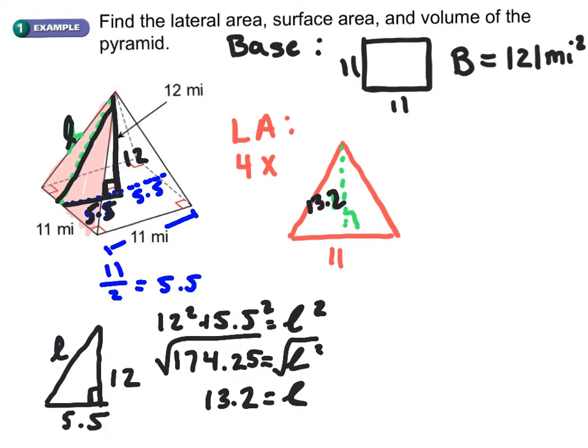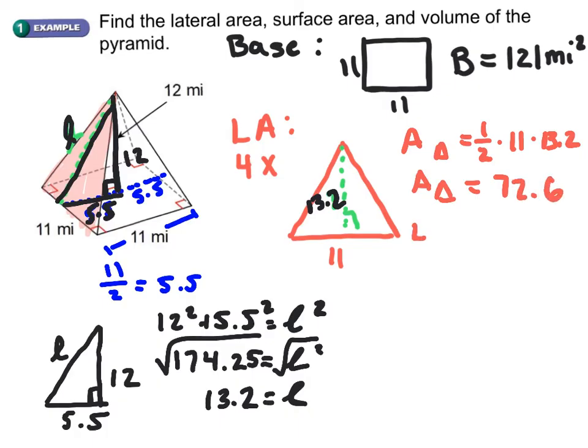So if I want to find the area of one of the triangles, it's 1/2 times 11 times 13.2. So the area of the triangle would be 72.6.